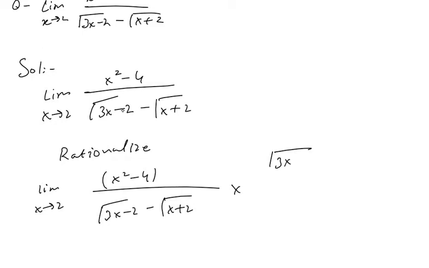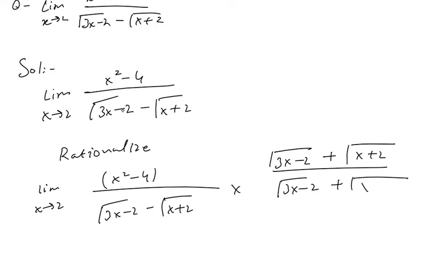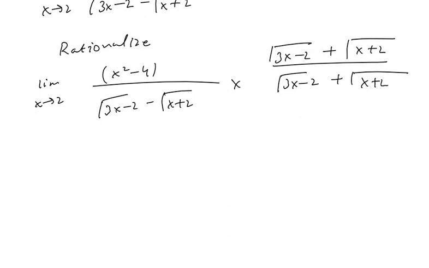So the conjugate will be 3x minus 2, and then the plus. This plus makes the difference, plus, and then x plus 2, and same thing in the numerator, plus x plus 2. Now when you multiply, don't forget the sign of equality here.